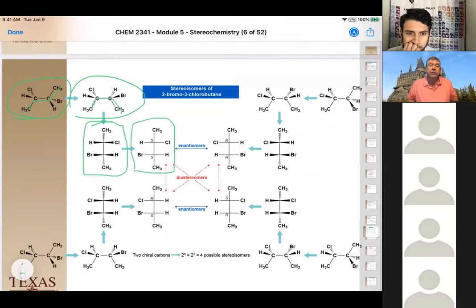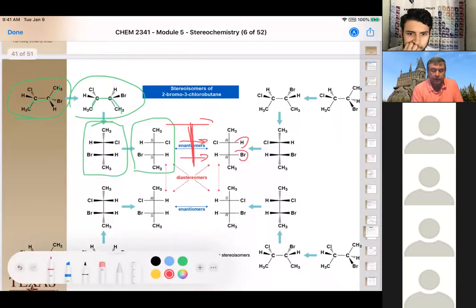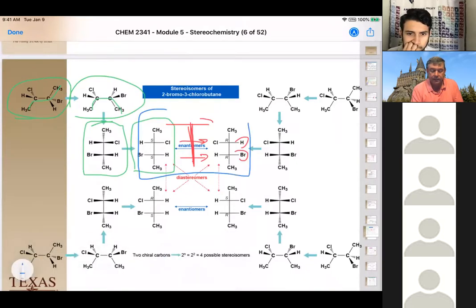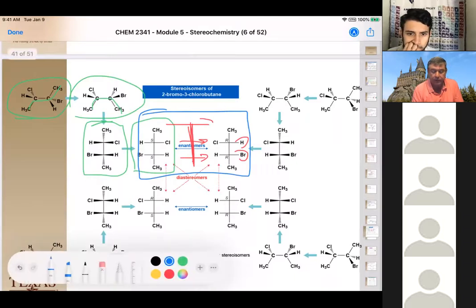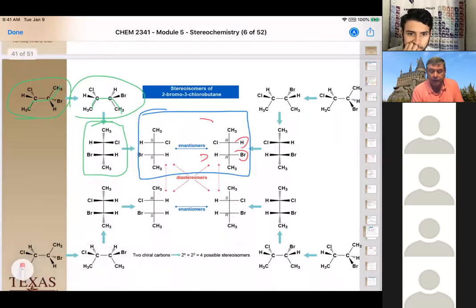Once you have your Fischer projection, you can correctly assign R and S. Now that you have that isomer, you can take your mirror plane and draw the opposite version. So it's chlorine, chlorine, hydrogen, hydrogen, methyl, methyl, hydrogen, and bromine here, which means this is now our set of enantiomers, because we drew our Fischer projection and we drew our mirror image. That makes that a set of enantiomers.